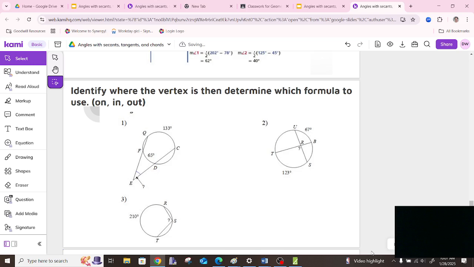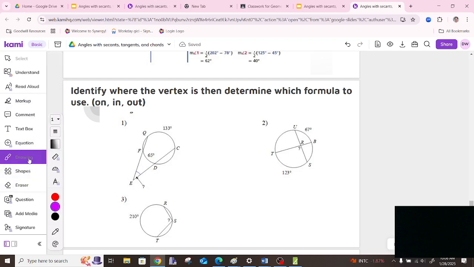Okay, so number one, first of all: is the vertex inside, outside, or on the circle? Outside. So this is the one where you use the formula.